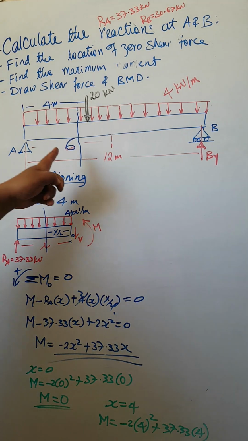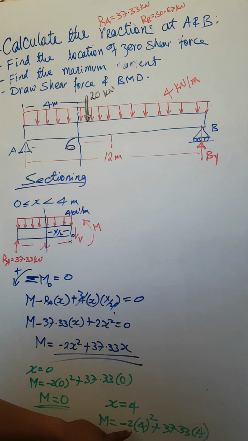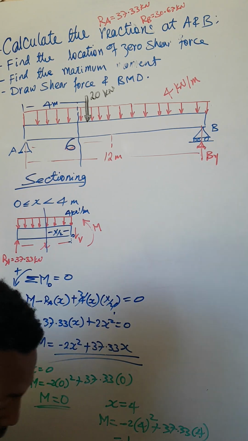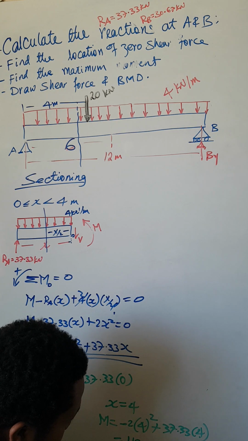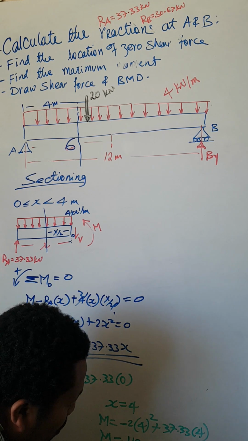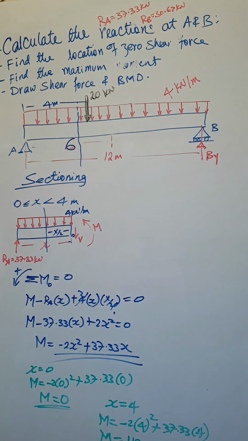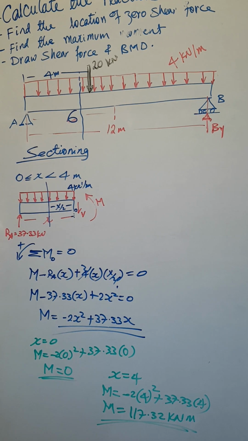Okay, at a distance of 4 meter, 16 times negative 2 is negative 32, plus 4 times this, the result is that the moment at this point is equal to 117.32 kilonewton meter. Okay, moment at 4 meter is equal to this.